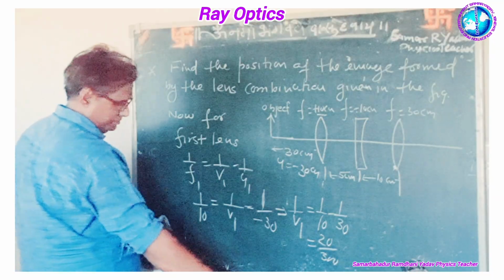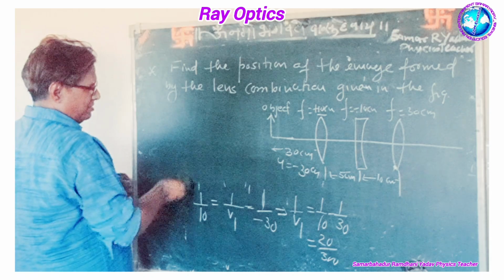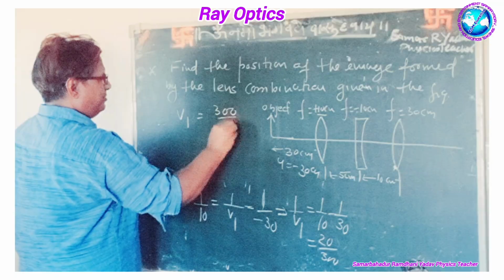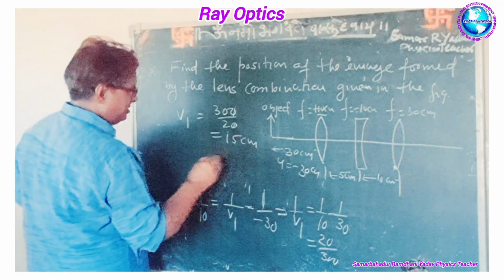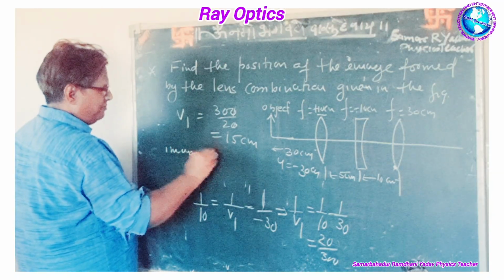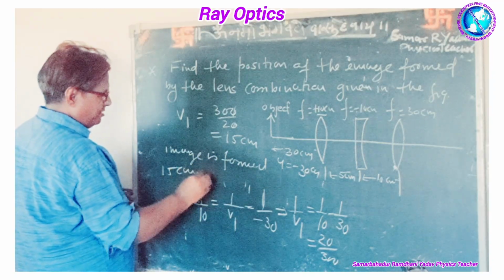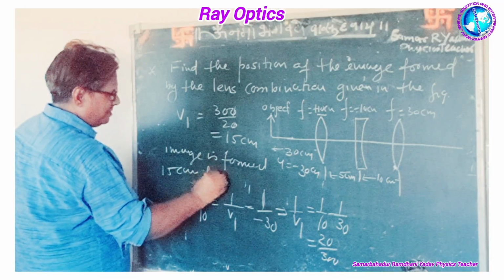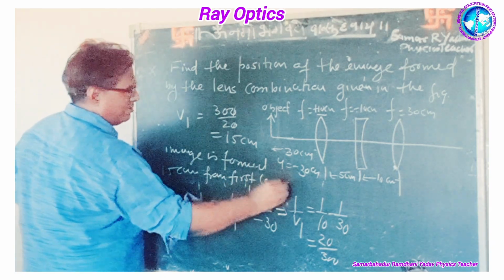Therefore v1 is equal to 300 divided by 20, which is 15 cm. Now the image is formed 15 cm from the first lens on the right hand side.